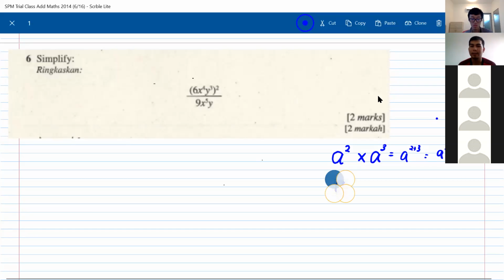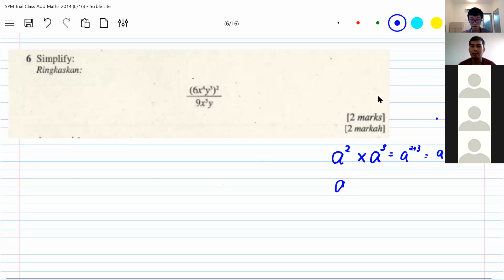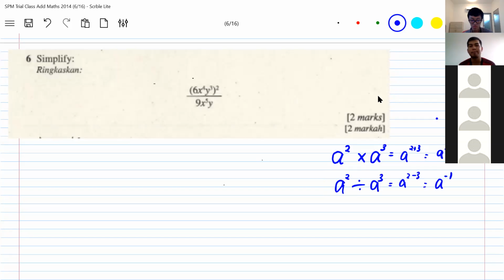And then similarly, if we divide it, that's actually just A 2 minus 3. That gives you A minus 1. Okay, do not get confused. Try to be as steady as possible for this one, because more often than not, students lose these 2 marks because they get confused.